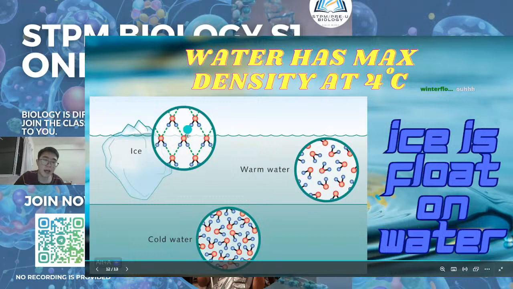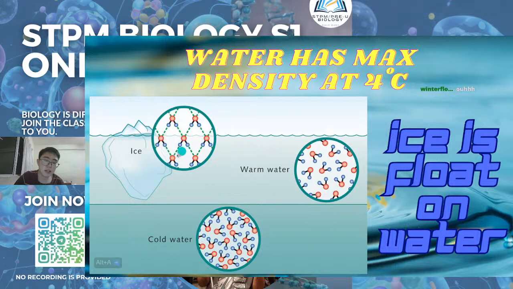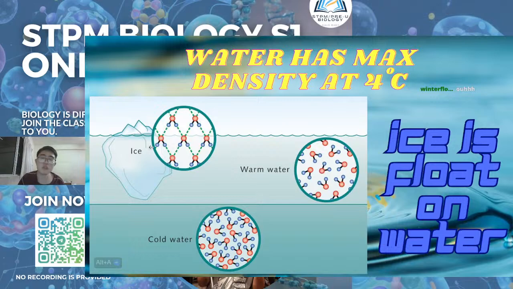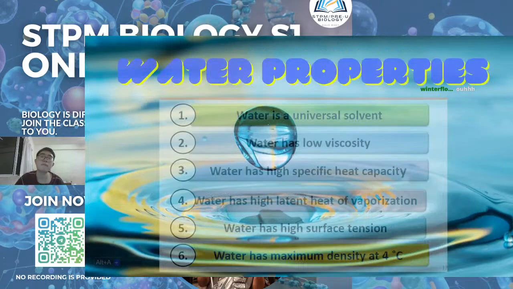But for the ice, because it is a crystalline structure with empty space between them, hexagonal empty space, right? Because of this, the ice can float on the water. So this is the very special characteristic of water.